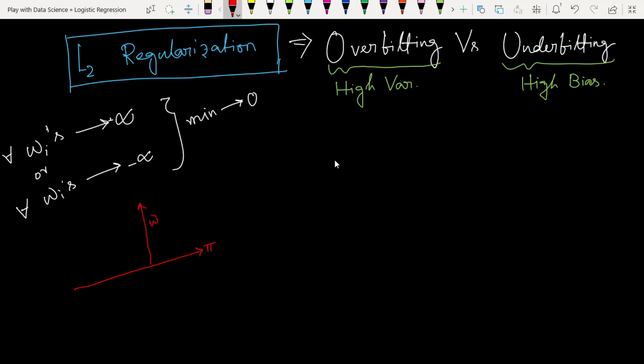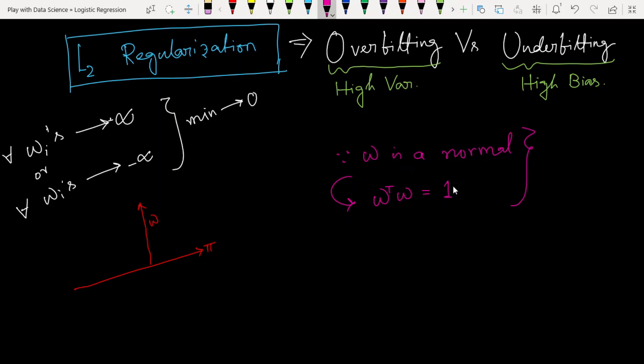Since W is a normal vector to our plane, W transpose W is equal to 1. We know it from our mathematics: if anything is normal, then its transpose multiplication with itself will always be 1. Just use these concepts to build our regularization.